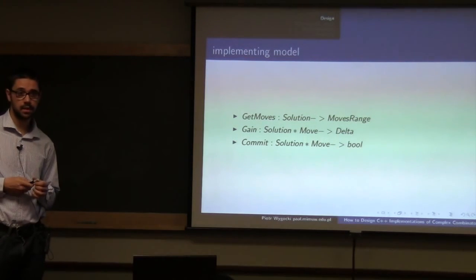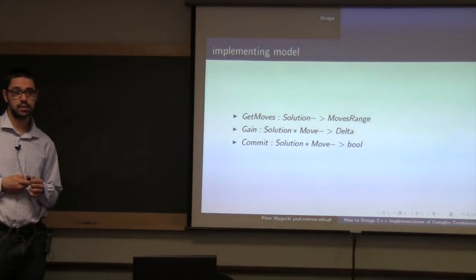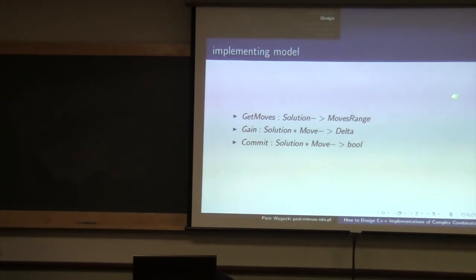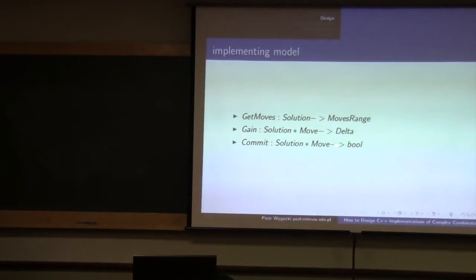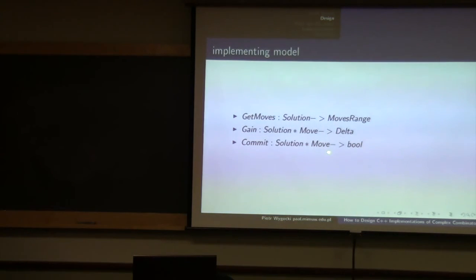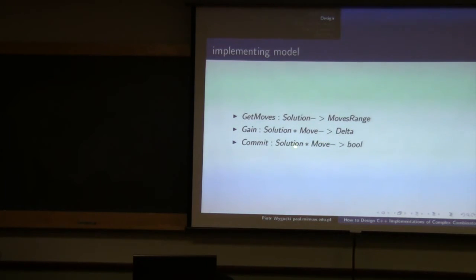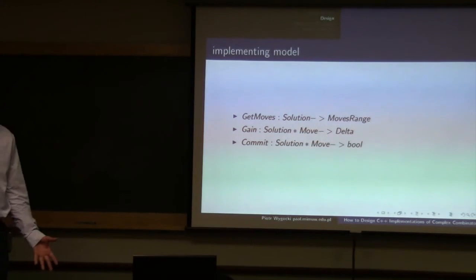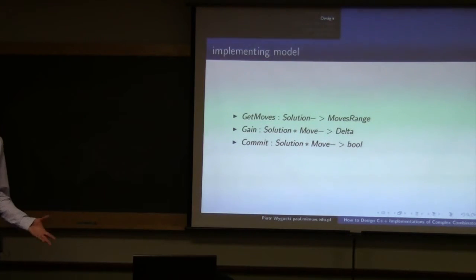Yes? So it's valid to return in the moves range something which isn't really possible to move into? Yes, kind of. We've got use cases for that. But you don't have to worry too much about this. You can think about it that it's always successful, more or less. But the point is that this commit might have some probabilistic behavior inside, and this could cause this not successful commit.